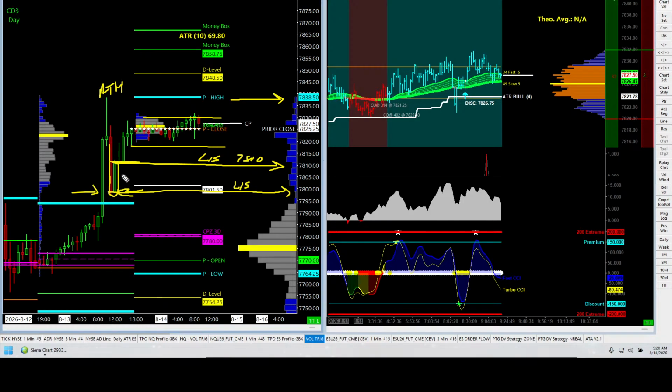At that point in time, intraday, you can make a strong inference. You can infer that that 7800 zone, plus or minus 5, all right? But that 7800 zone can be marked intraday as a dynamic line in the sand.